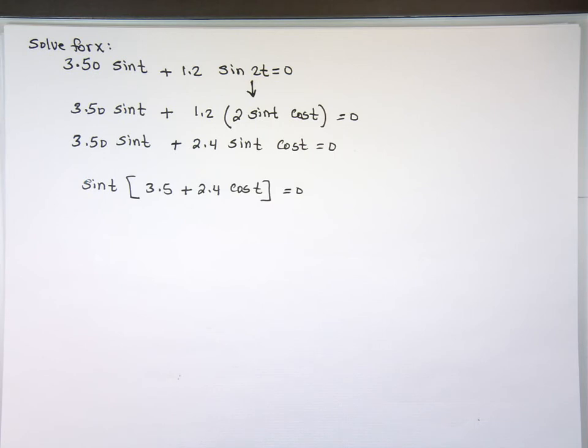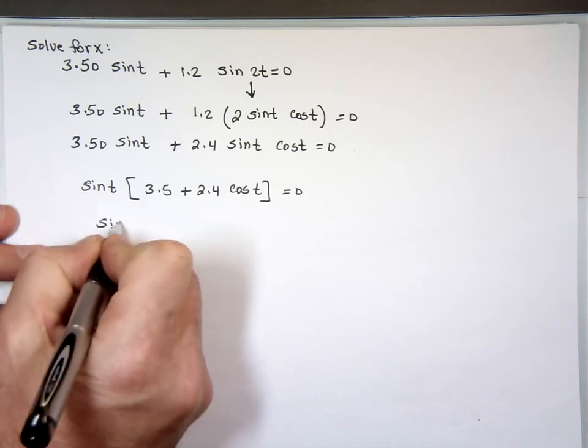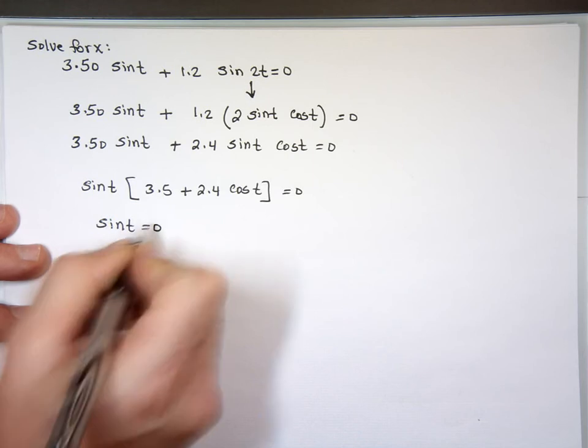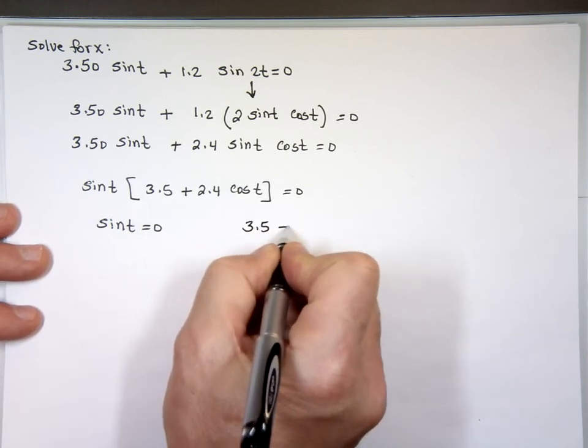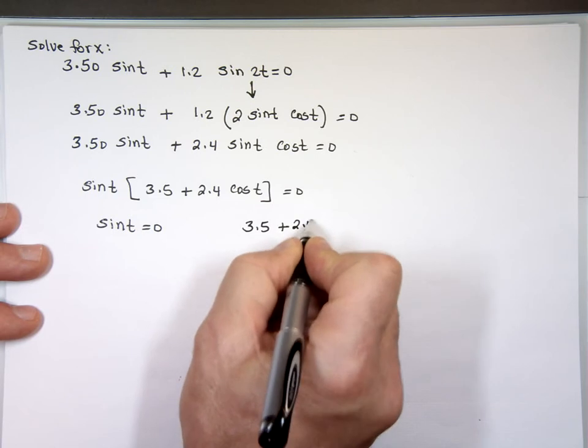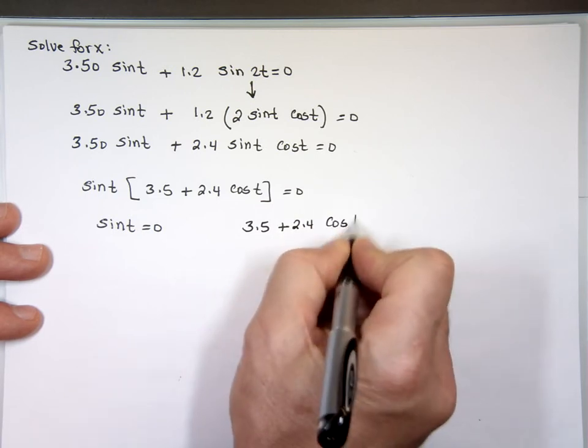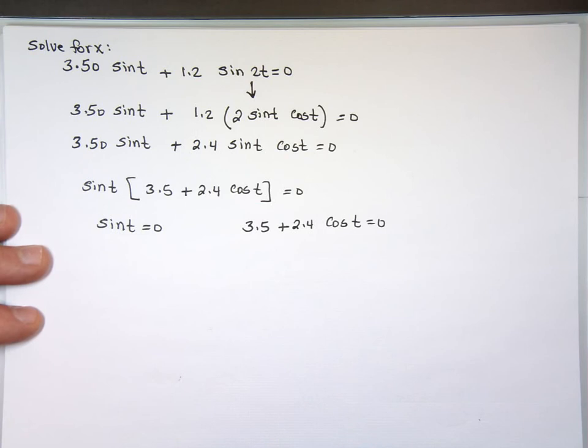So let's take sine of t, set it equal to 0, and we'll look and see what values. And the other one, 3.5 plus 2.4 cosine t is equal to 0. Move the 3.5 to that side.